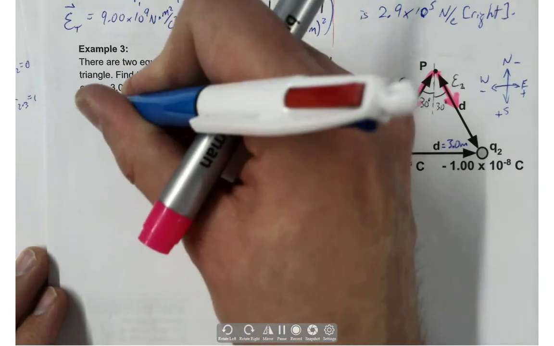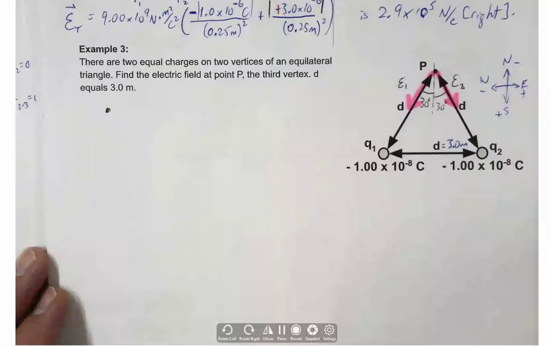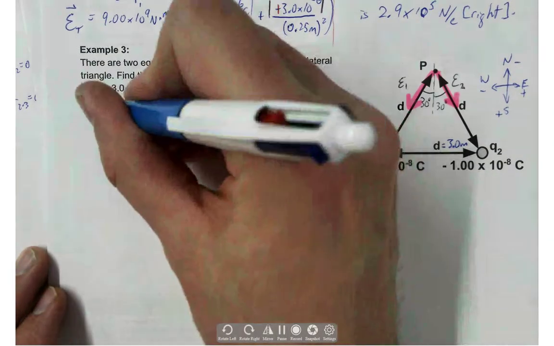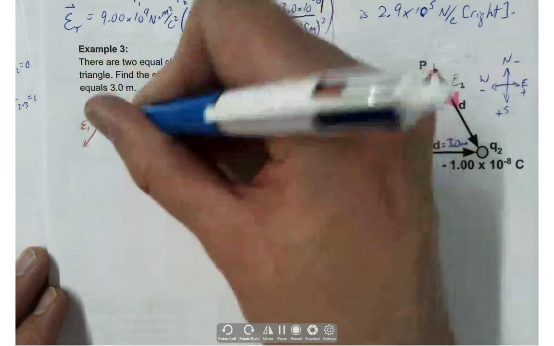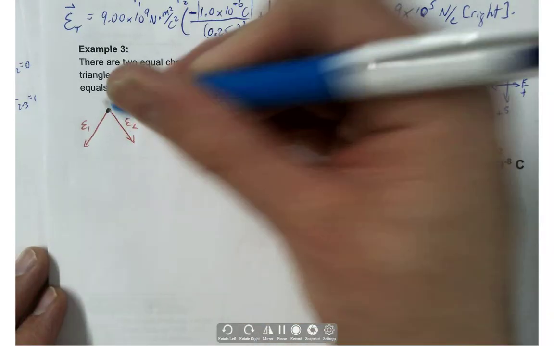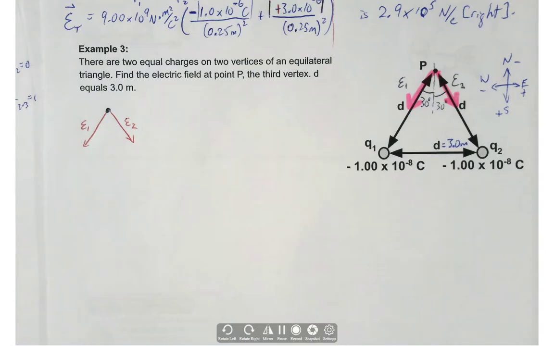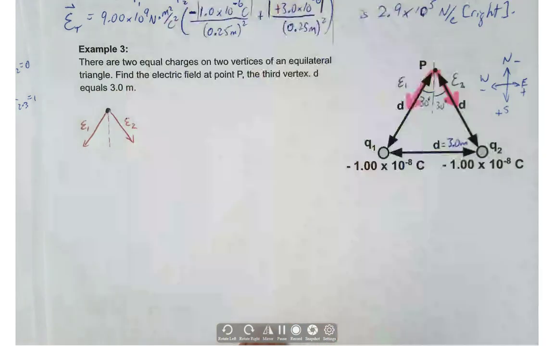So I'm just going to pluck that P point off of the picture, and I'm going to have myself an epsilon 1 and an epsilon 2. Almost like I'm drawing a free body diagram, but it's not, because they're field orientations, not forces. Get myself a little dotted line down the middle.